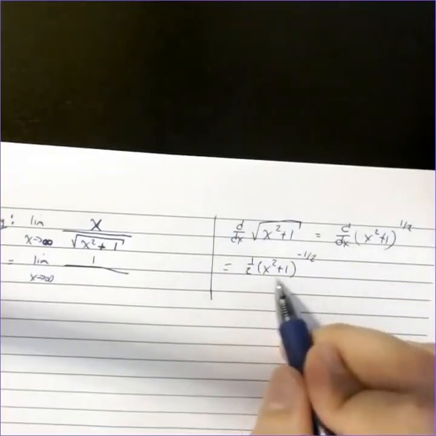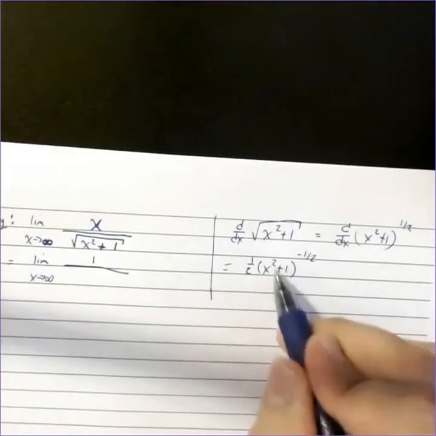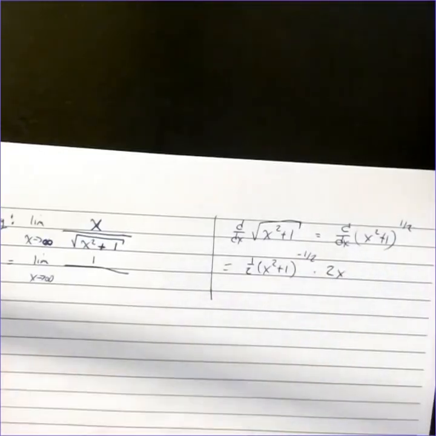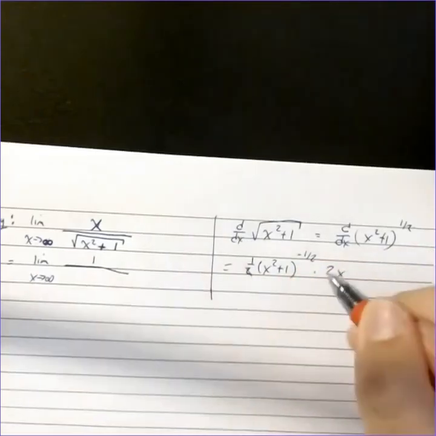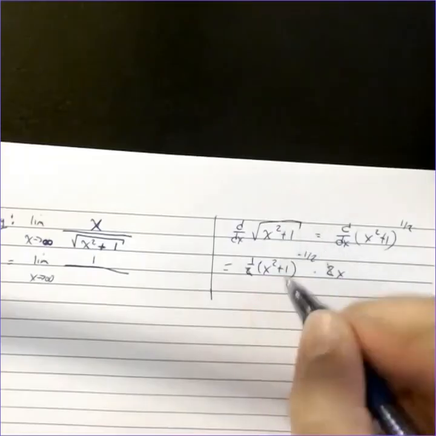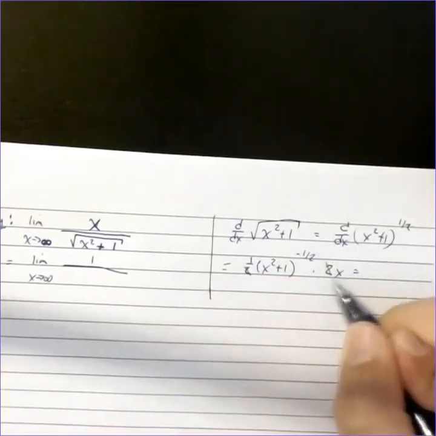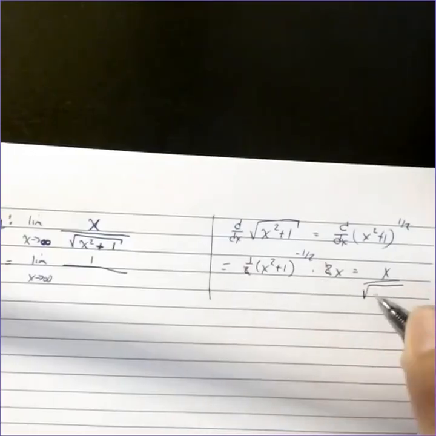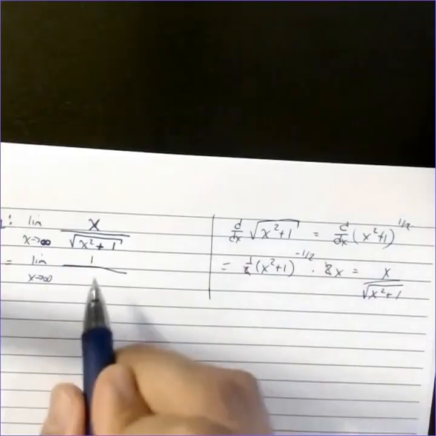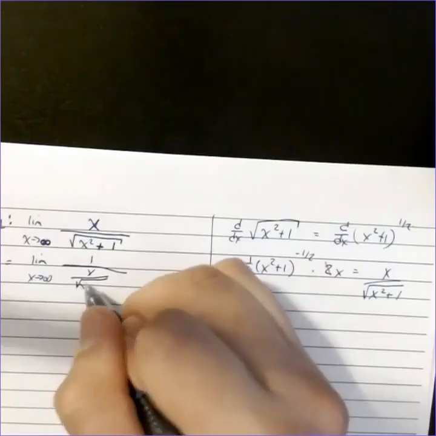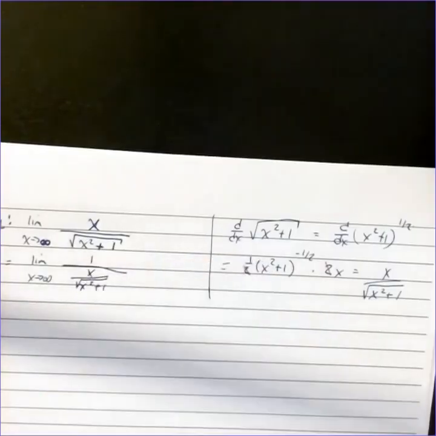But now because of the chain rule, I have to multiply by the derivative of that, which is just going to give me 2x. I notice that my 2's divide away. And since that's got a negative power, I can bring it in as part of the denominator. So let me leave that x in the numerator, and write this in the denominator as the square root of x squared plus 1. So that's the derivative of my denominator: x over the square root of x squared plus 1.